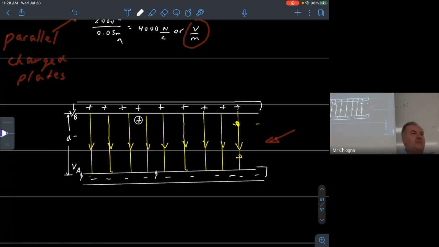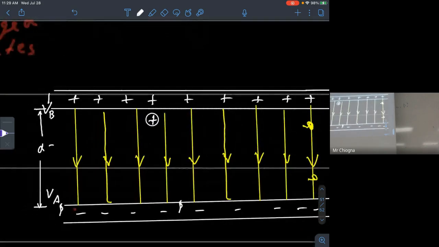The brick is up here, and it falls. If it's gravity, the brick is at a higher potential here and lower potential there. Do you agree? Similar for the proton. This is a high potential, and it's going to move all the way down to the bottom plate, which is a lower potential.